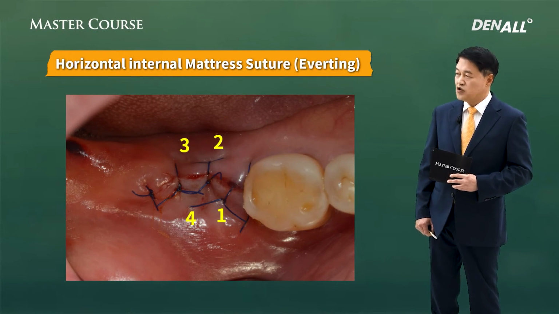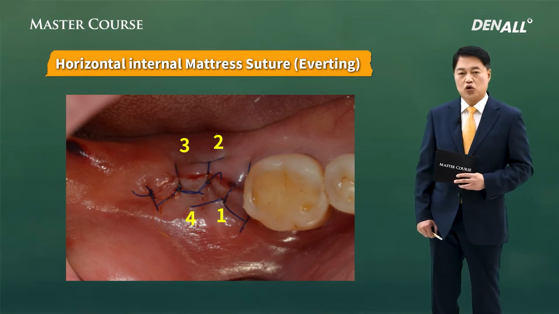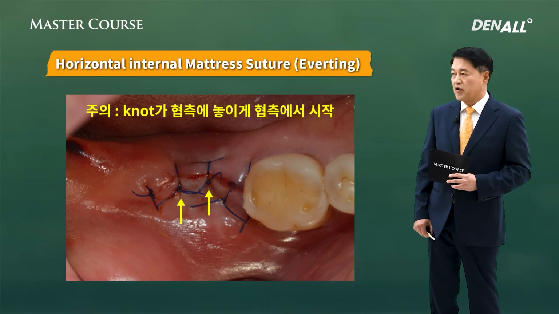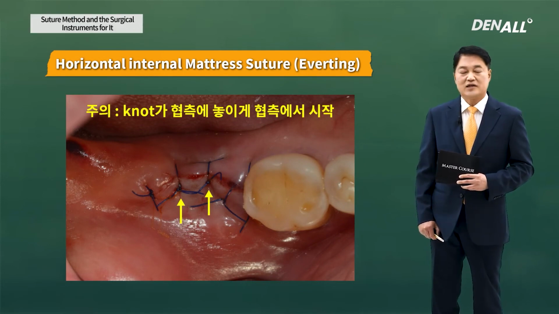After this suturing, it cannot be moved. Hence, it's important that if the knot is formed on the lingual side, it's difficult to move the tongue. So for the knot to be located on the buccal side, you always have to start from the buccal side. That is one tip you need to remember.